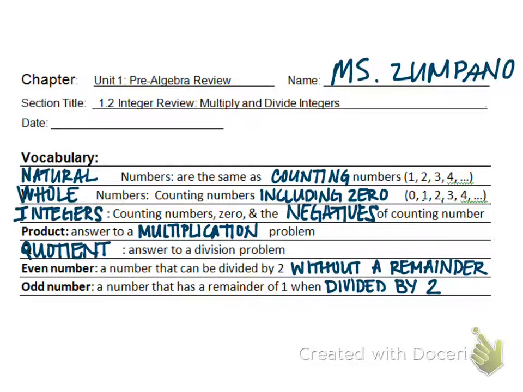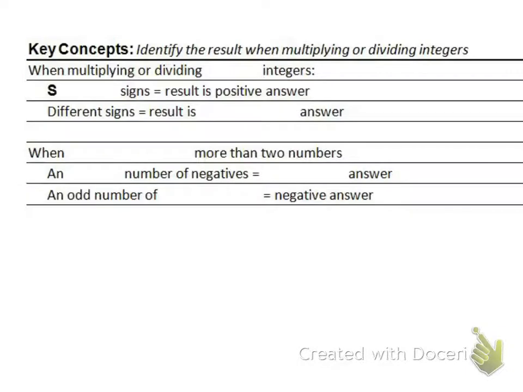Now we're going to head into the key concepts portion of the note sheet. The key concepts for our 1.2 notes is identify the result when multiplying or dividing integers. So when multiplying or dividing two integers of the same sign, the result is positive.